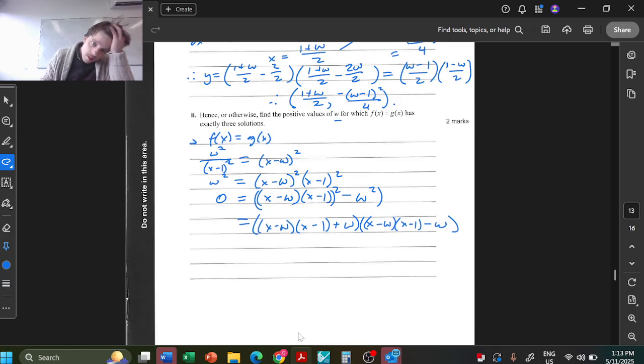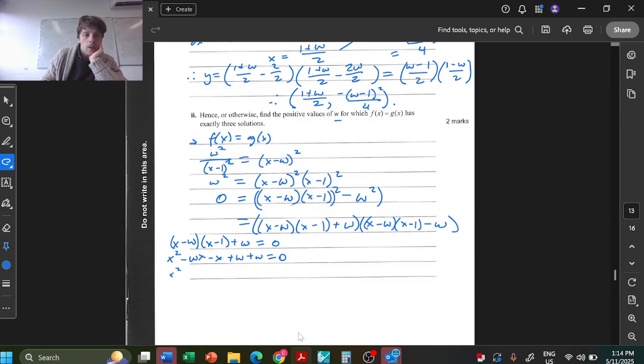So if we think about this, if we were to make one of these things equal to 0, so if we were to consider the case where x minus w times x minus 1 plus w was equal to 0, what can we do with this? We can expand those brackets. So that's x squared minus wx minus x plus w equals 0, which gives us x squared minus w plus 1 x plus 2w equals 0.